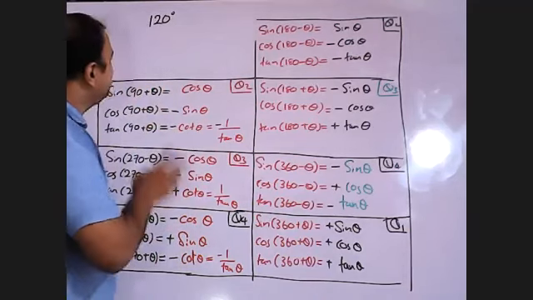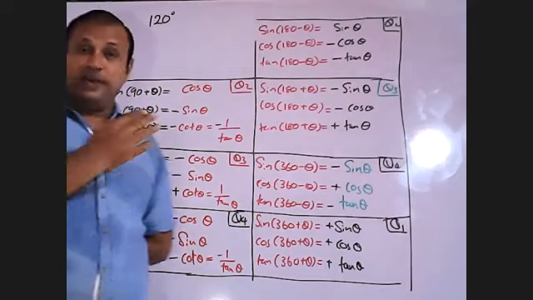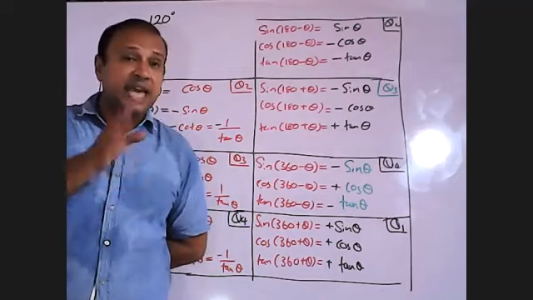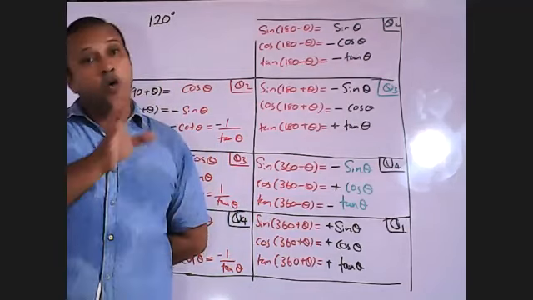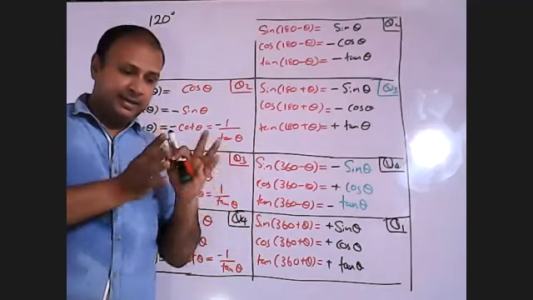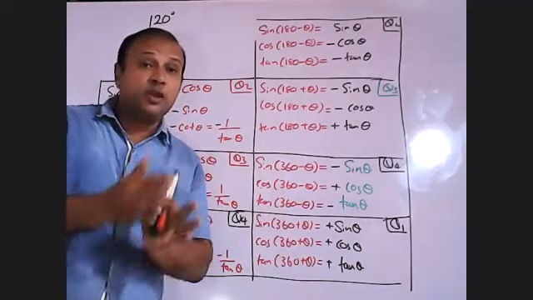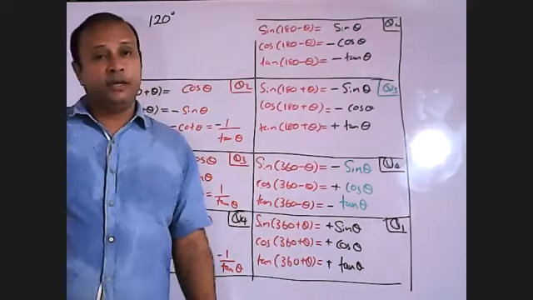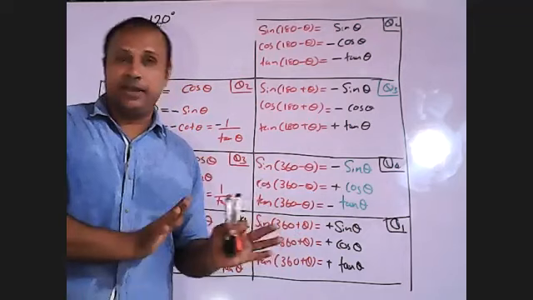You can write this angle as an addition or subtraction between an acute angle and an integral multiplication of 90.